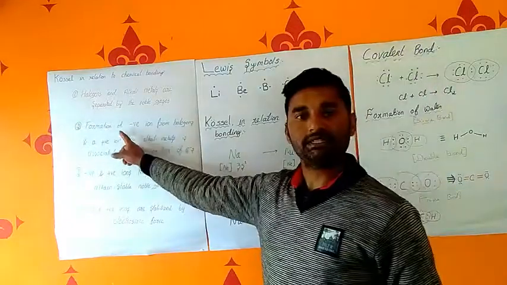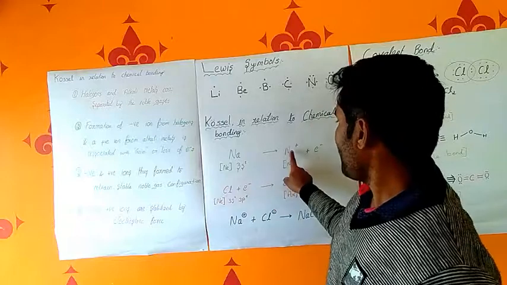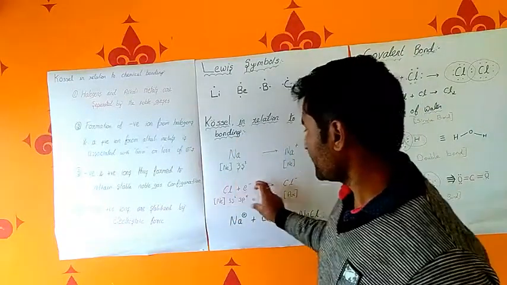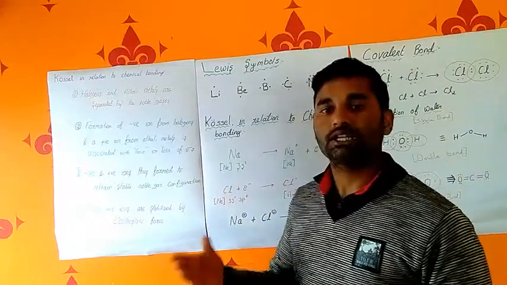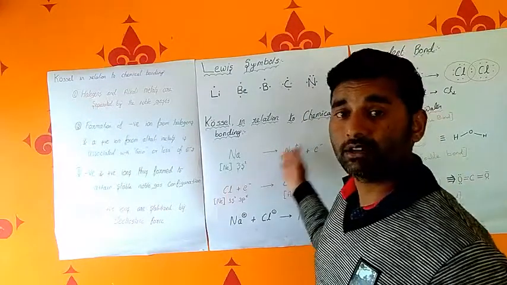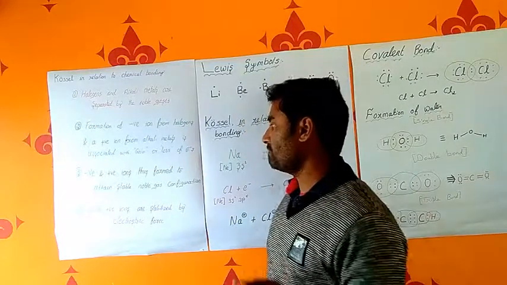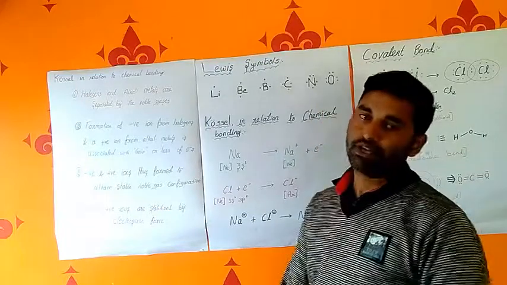So as per the second statement of covalent theory, the formation of positive ion from alkali metals and negative ion from halogens are associated with loss or gain of electrons. Okay, and the third statement says negative and positive ions thus formed attain noble gas configuration.